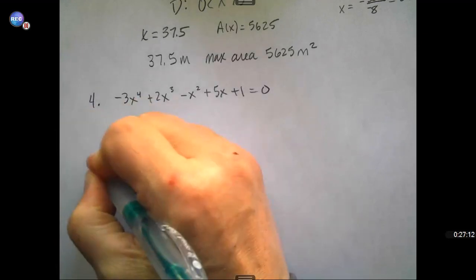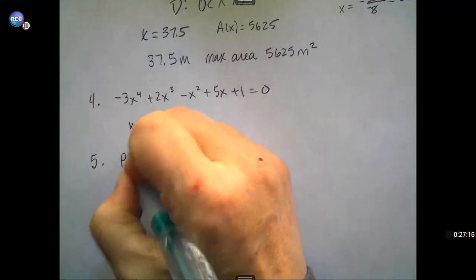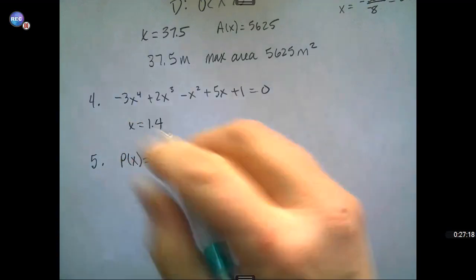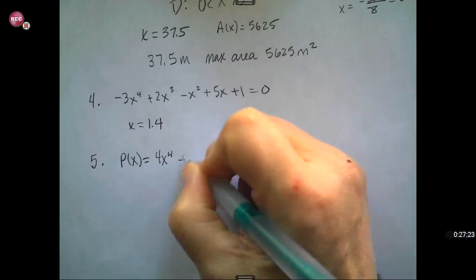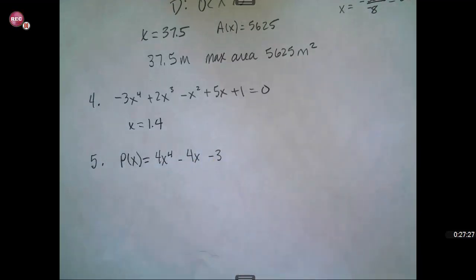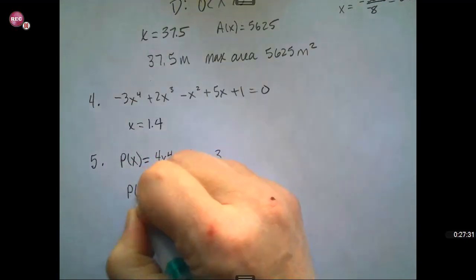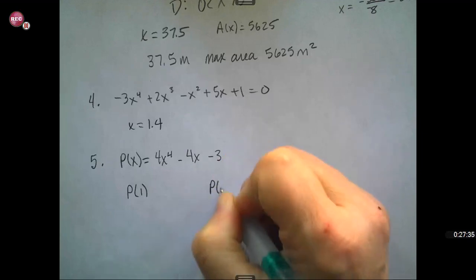Number 5, if p of x equals 4x to the 4th minus 4x minus 3, explain how you know that p of x equals 0 has at least one real root between x equals 1 and x equals 2.